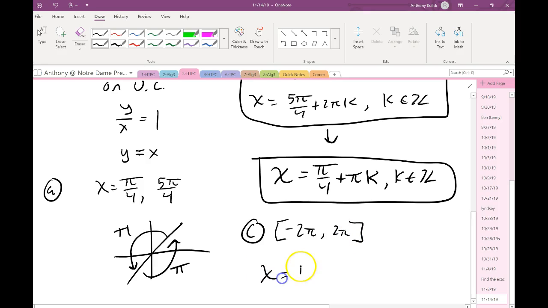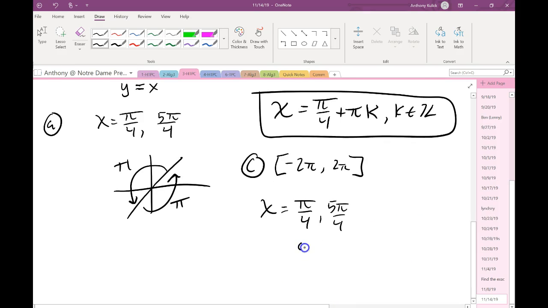For part C, we want things between negative 2 pi and positive 2 pi. So clearly my answers for part A will still be there because those are between 0 and 2 pi, right? We now need to worry about things between negative 2 pi and 0, though. So all I'm going to do is find angles coterminal to each of these, pi over 4 and 5 pi over 4, that are smaller.